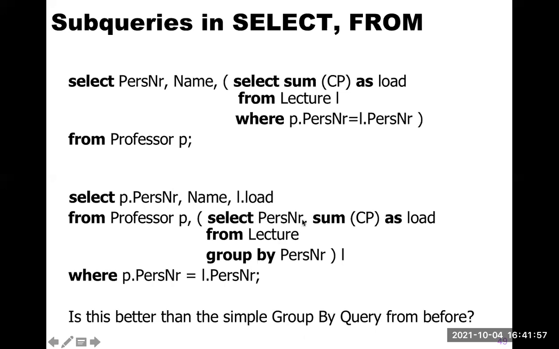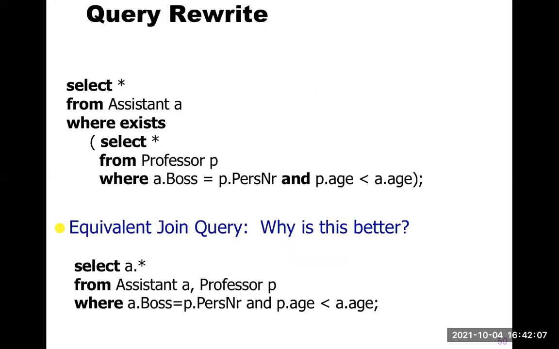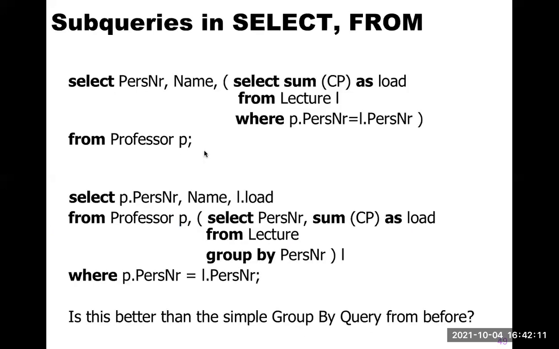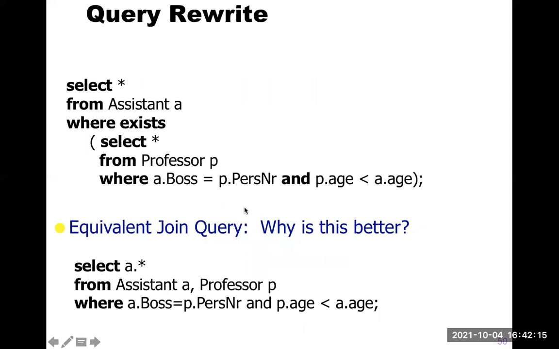And then we may use it in joining, let's say. And the result would be the same in both queries here. So queries may be rewritten, and all the rewrites are directed, in most cases, to equivalent join queries.